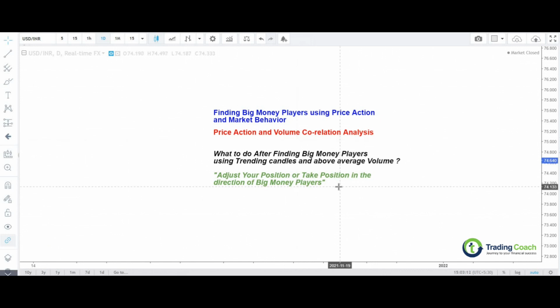Well, once you spot the activity of big money orders using trending candles and above average volume, you are supposed to take a position in the direction of big money players. Alright, once you spot these big money candles, you are supposed to trade in the direction of the big money players.